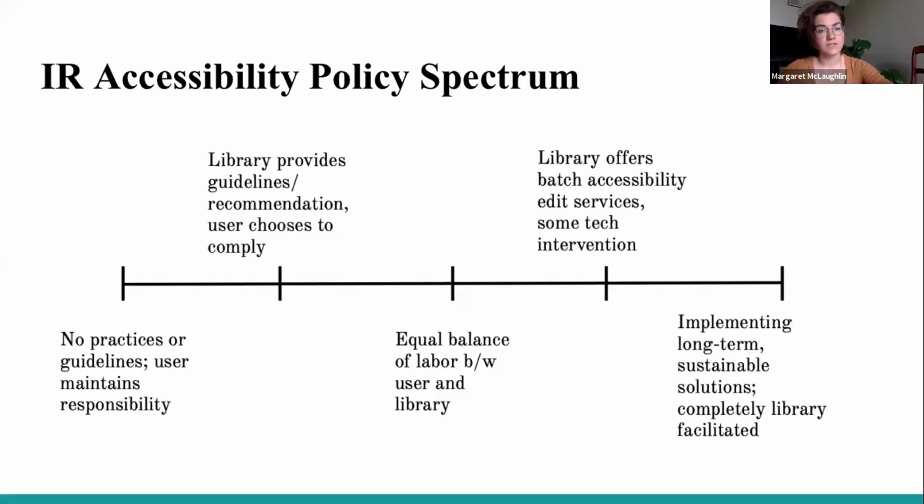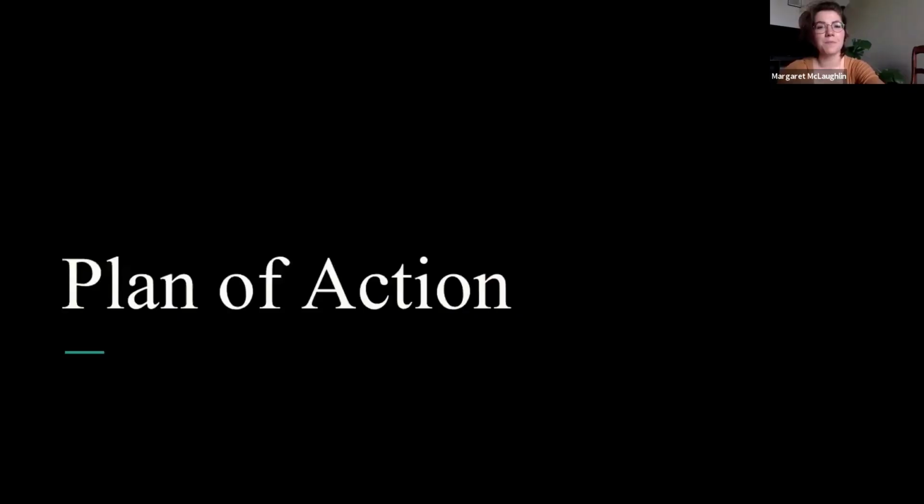So we started at step 0 or step 1 on the complete left end of the spectrum, and we were aiming towards step 2. That's where we were hoping to get to when we started this next step of this institutional repository accessibility improvement.